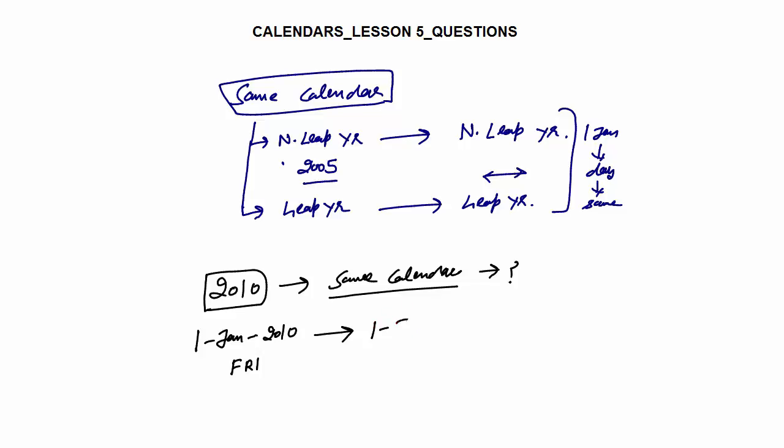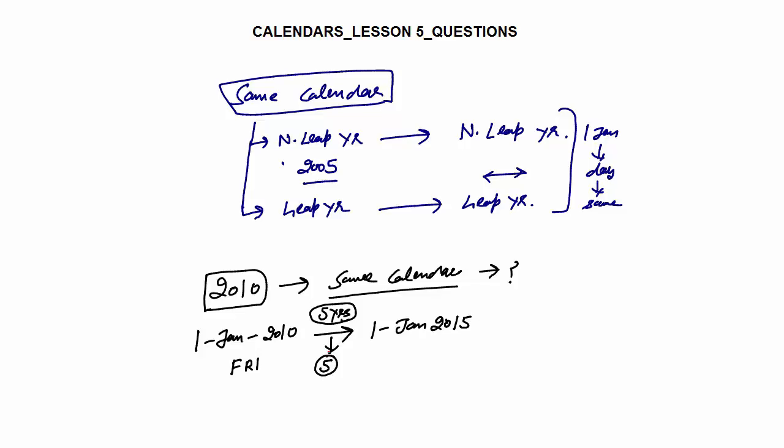Let's say I am moving to 1st January 2015. How many years in between? 1st January 2010 to 1st January 2015, there are 5 years. You can always move 5 years ahead in case of a non-leap year calendar. So 5 years means how many odd days? Straight away we have 5 odd days.